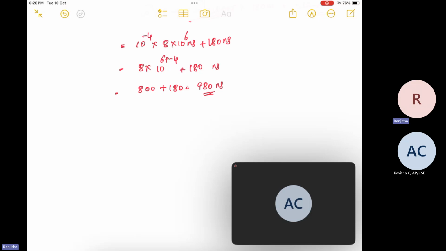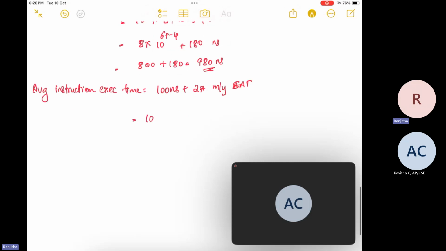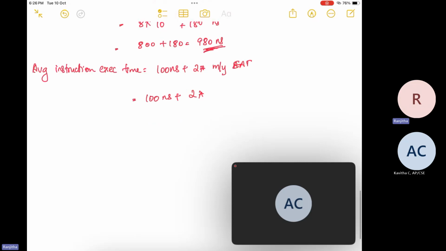Now we have to find the average instruction execution time. It is given that the average instruction execution time is equal to 100 nanosecond plus 2 into the effective memory access time, which we just found out to be 980 nanoseconds.